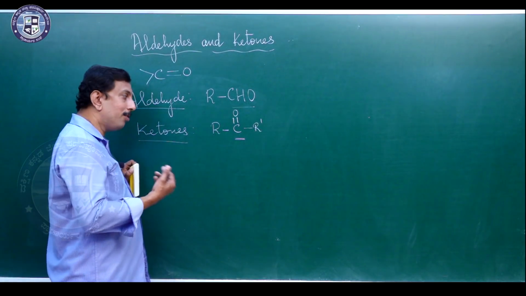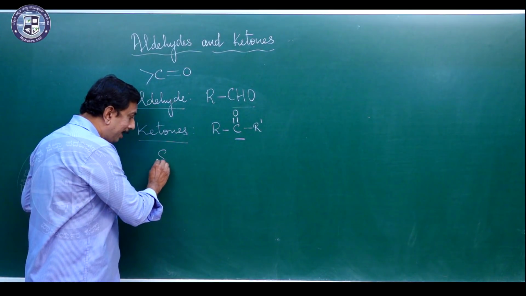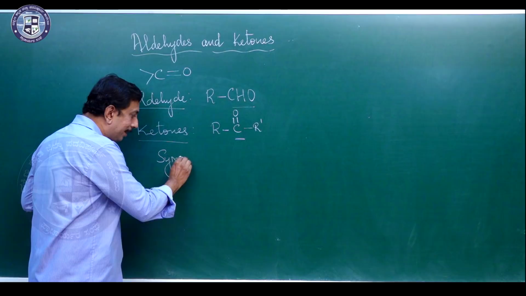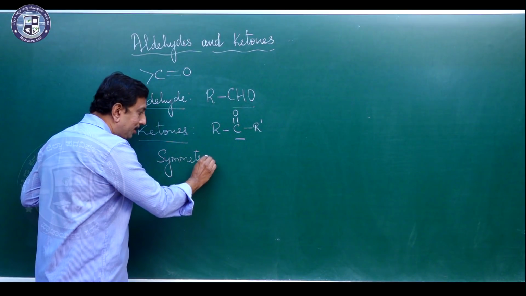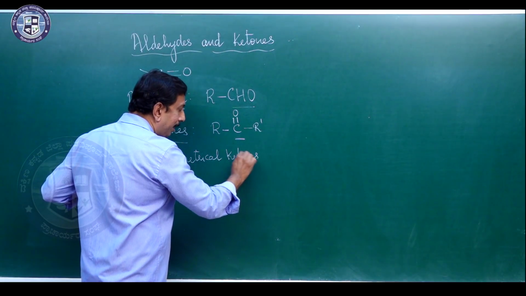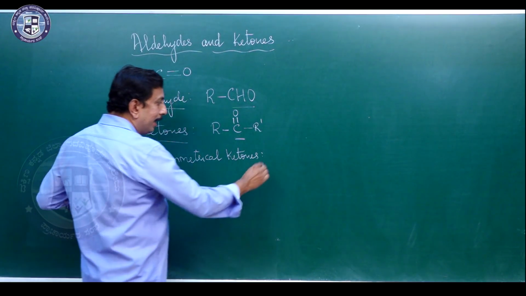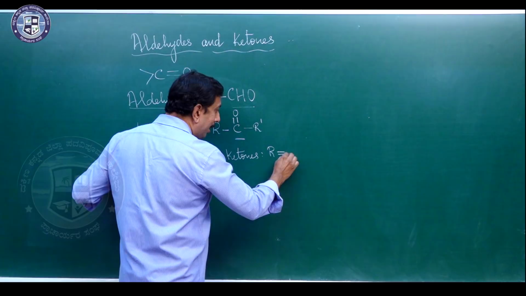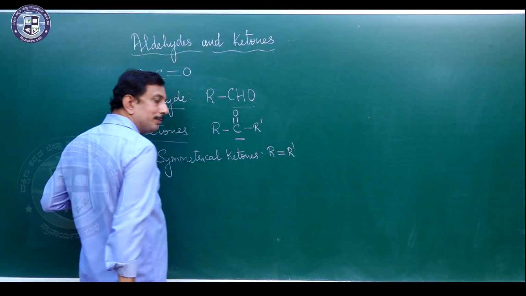So, what is meant by a symmetrical ketone? A symmetrical ketone is that ketone in which the R and R' groups are the same. That is, in a symmetrical ketone, R is the same as R'.